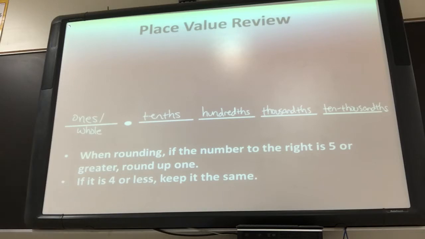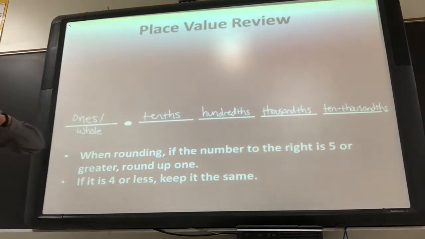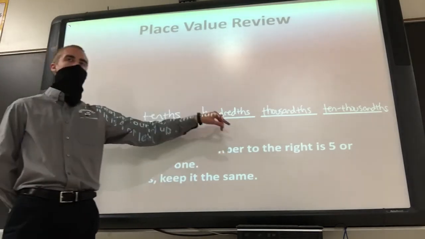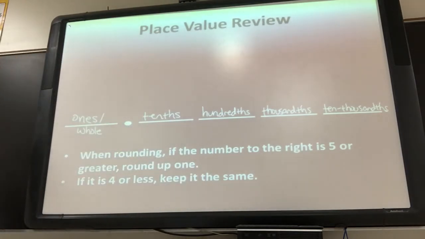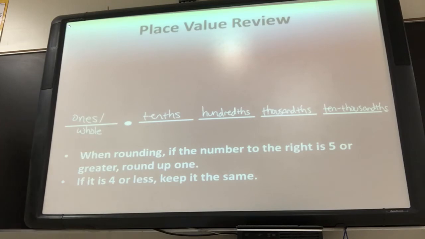Remember, when rounding, you always look at the number after the spot that you're rounding to. So if it says to round to the nearest tenth, you look in the hundredths spot and then follow these two rules. If the number is 5 or greater, you're going to round the tenths up 1. If it is 4 or less, you keep that tenths spot the same. And that's the same for hundredths or thousandths or 10,000ths.